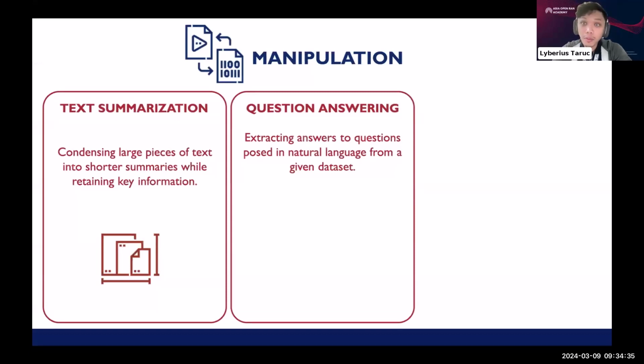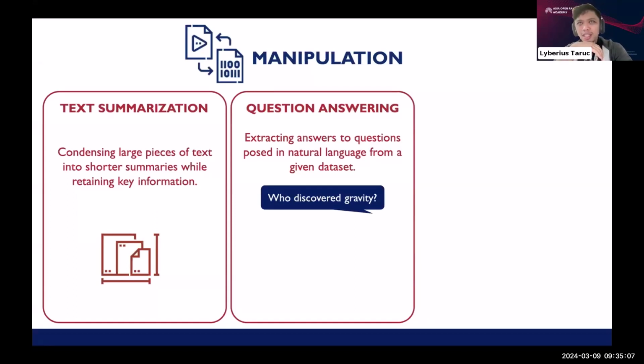You upload it into the website, and the model is able to immediately grasp the keywords or understand the overall content of, say, an 8-page journal article. And from there, it gives you interaction in the form of a chatbot. In other words, you're able to technically ask the journal questions on what it is about, right? So it is extracting answers to questions posed in natural language from a given data set.